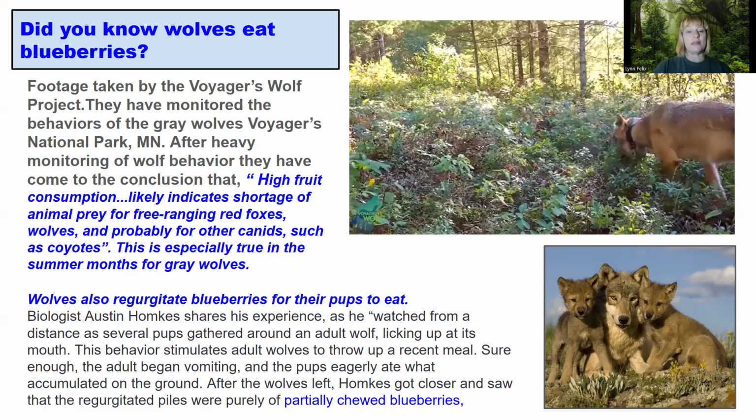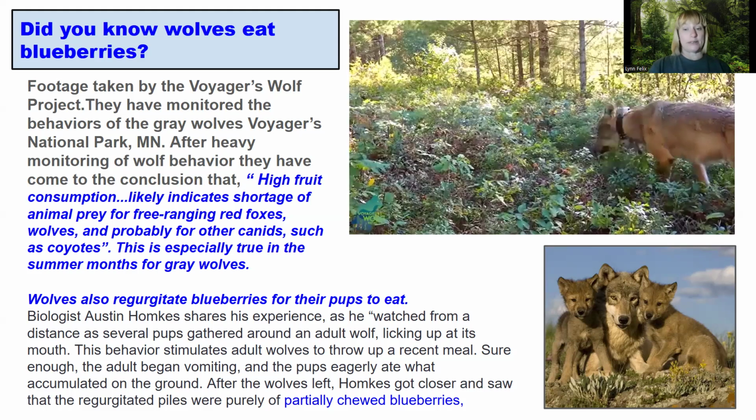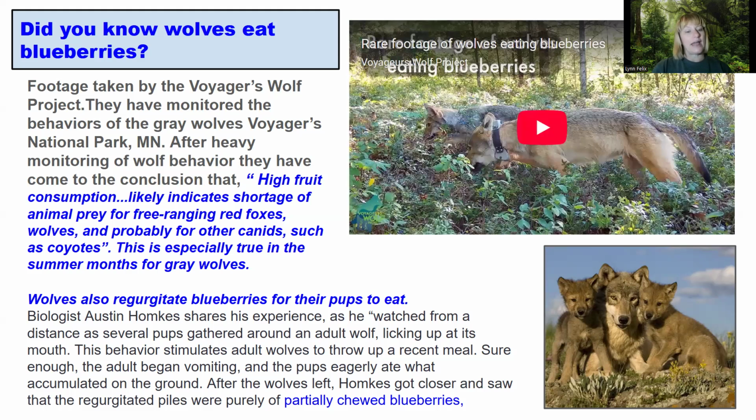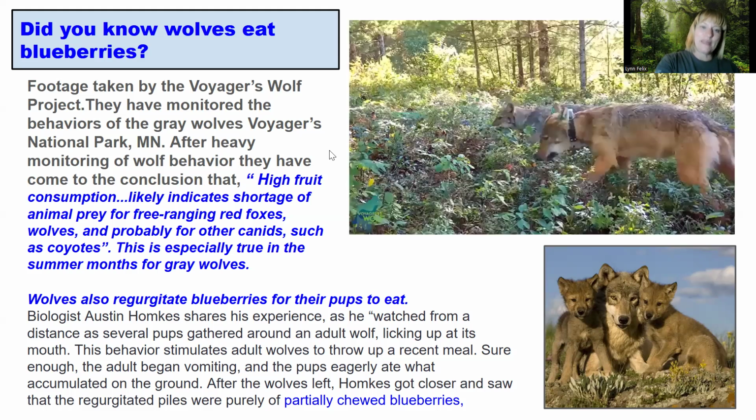This behavior stimulates adult wolves to throw up a recent meal. Sure enough, the adult began vomiting, and the pups eagerly ate what accumulated on the ground. After the wolves left, Homyack got closer and saw that the regurgitated piles were purely partially chewed blueberries. So yes, carnivorous wolves eat blueberries. Right.